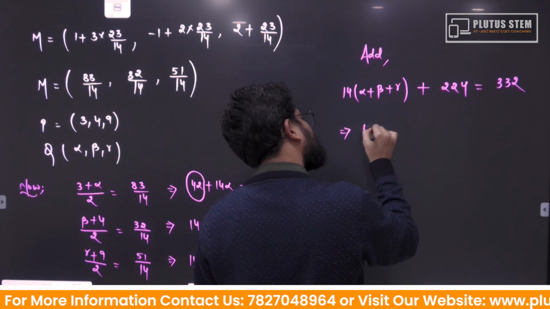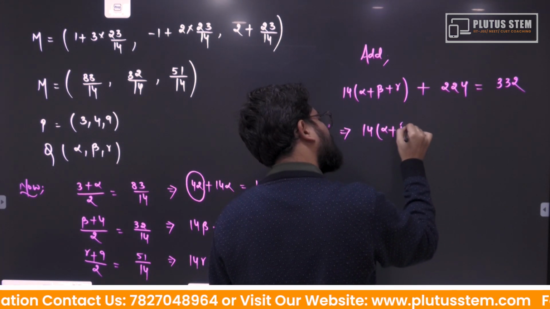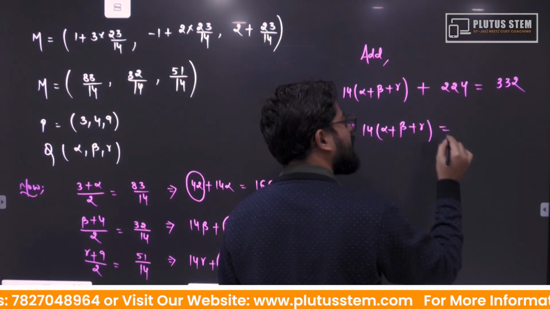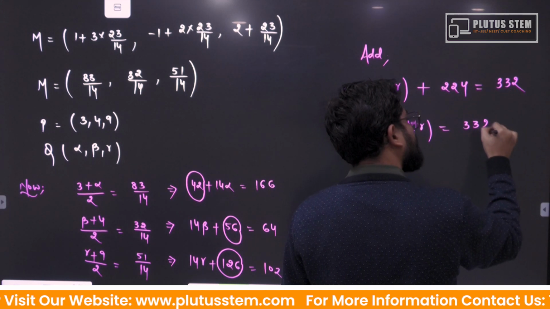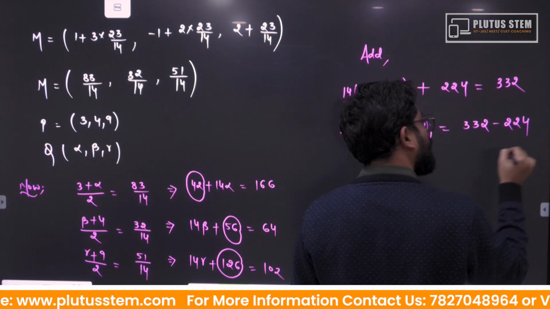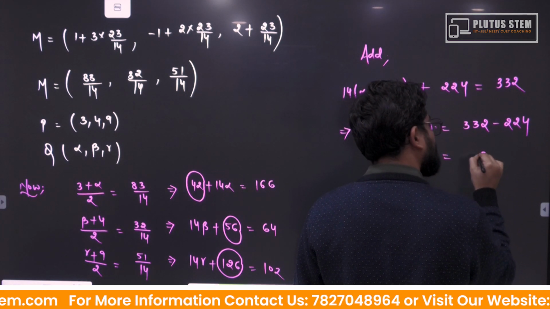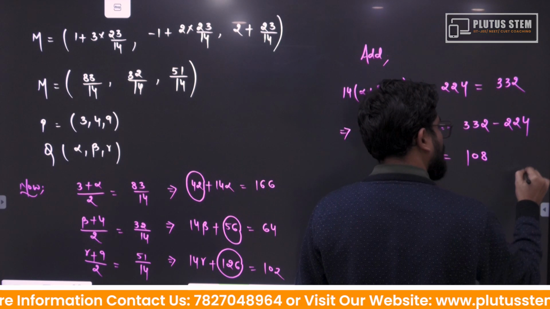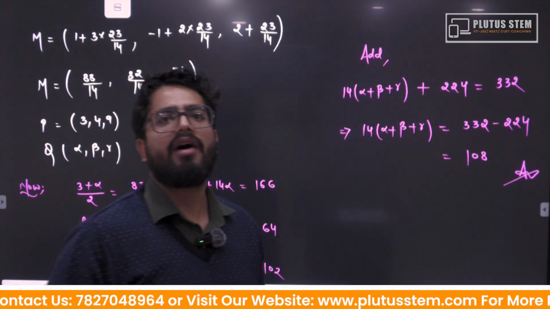When you simplify, 14 into alpha plus beta plus gamma is equal to 332 minus 224, that is 108. So 108 is the answer.